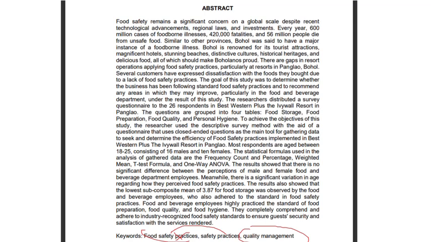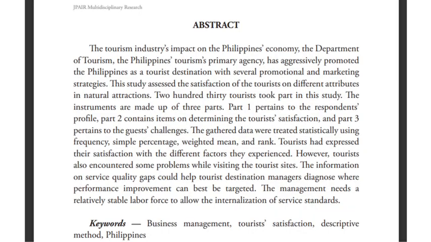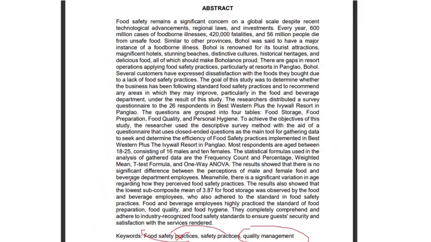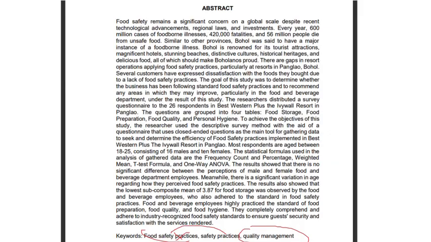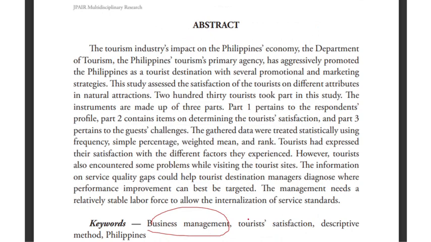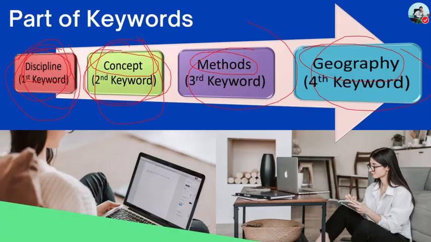So we will check this sample research, which is published in a peer-reviewed journal. As we can see here, business management is part of the discipline. Next is the concept. The concept is about tourist satisfaction. Next, the methods.